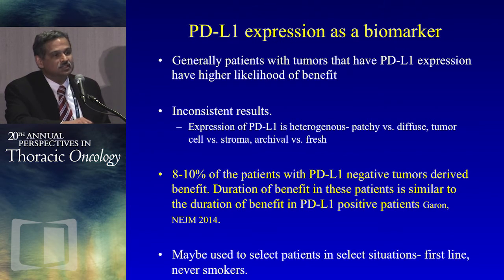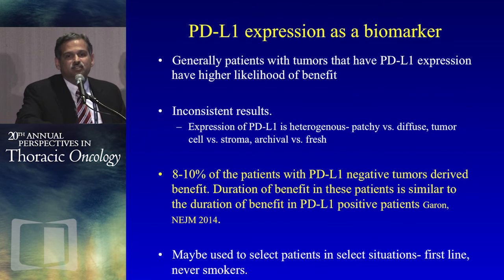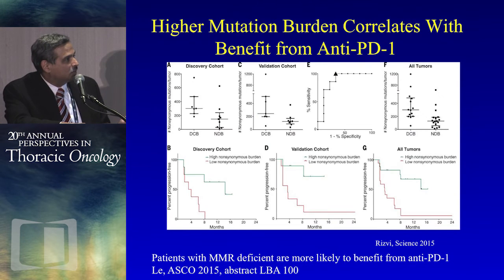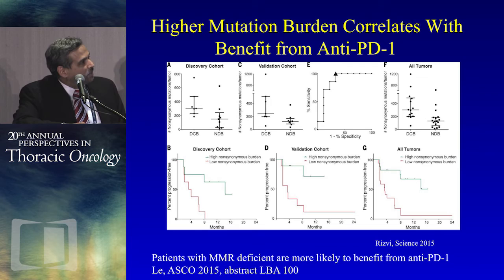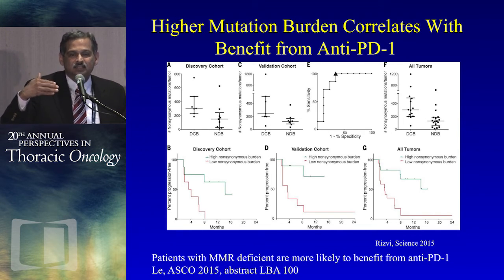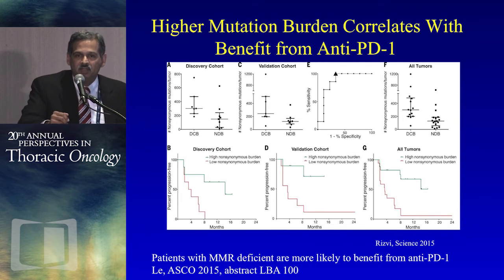It could be used in select situations, such as in the frontline setting, or in never smokers, where the response rate is generally less, to determine whether one needs to use it. Markers such as mutational load probably have a greater relevance. So this is from a paper from the Memorial Sloan Kettering group that looked at pembrolizumab-treated non-small cell lung cancer patients and just assessed the number of mutations that were present in the tumor.